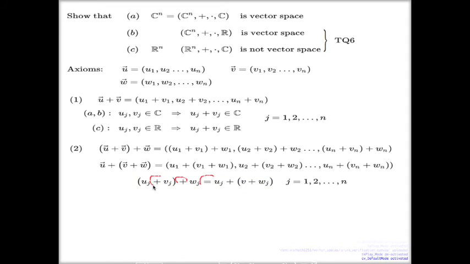Every time you verify an axiom, you have to make it very clear what your argument is, what's the sort of background knowledge you are involving in your argument. In this particular argument for the second axiom, the background knowledge is this: the N tuple addition is associative because numerical addition is associative. So the background knowledge we employ is the fact that the addition for numbers is associative.